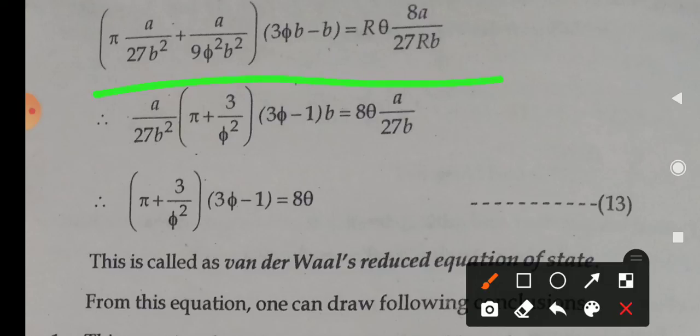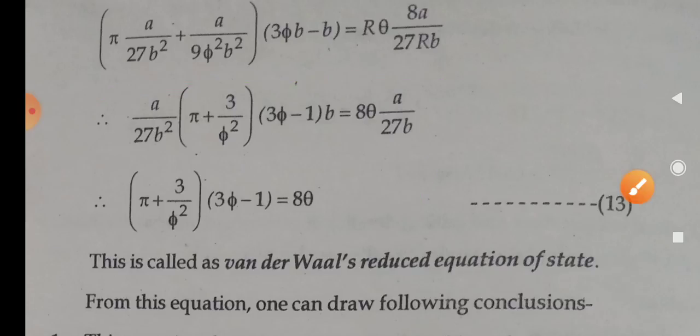After solving this, we get the final equation: pi plus 3 by phi square in bracket, multiplied by the second bracket, 3 phi minus 1, is equal to 8 theta, and this is known as the van der Waals reduced equation of state.